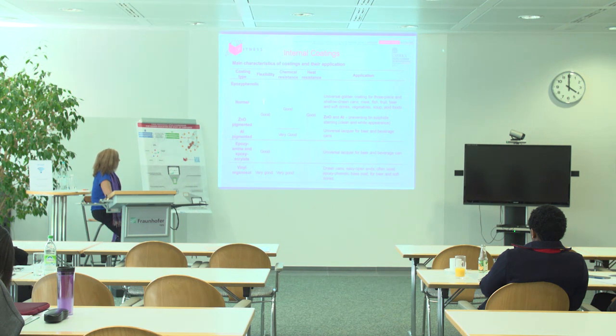They have good flexibility, and we have good chemical resistance for when we pigment the coating. We have good heat resistance. And so this is the most widely used coating for metal cans, for food cans.